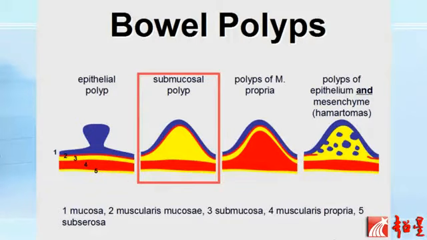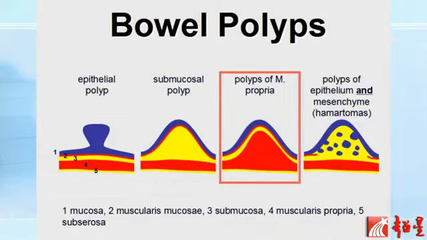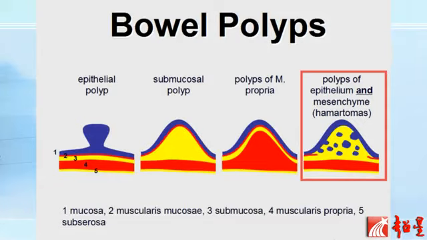And this polyp is a submucosal polyp, from submucosal hyperplasia projecting to the lumen. And here is the polyp of the muscular layer. The last is the polyp of epithelium and other mesenchymal structures.